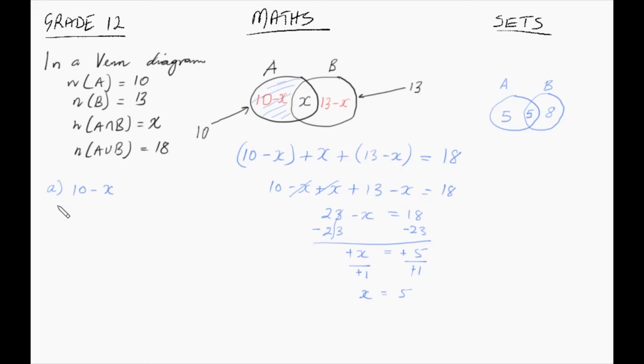Now let's say they said write in terms of X the number of elements in B but not in A. Set B is here, but set A is here. So the number of elements in B but not in A is this region here.